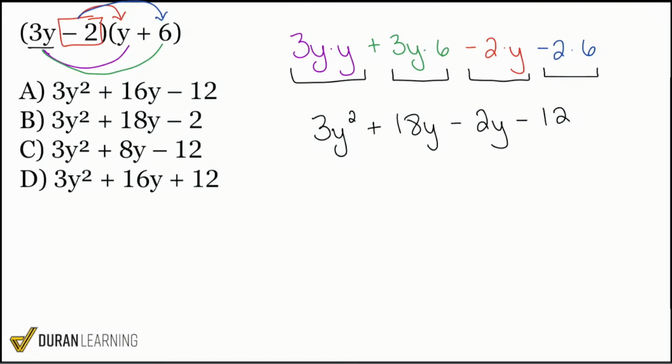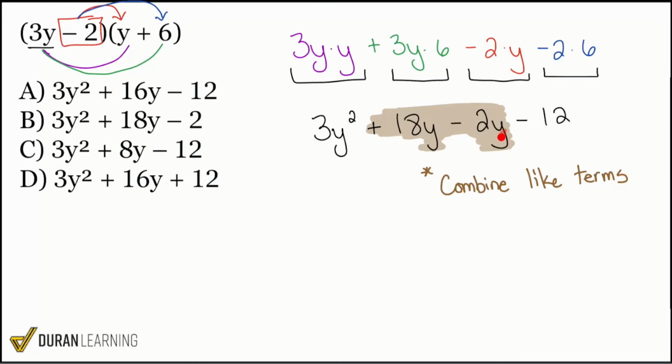So we have one more step to take here, and that is going to be combining like terms. We will combine like terms. And remember that terms are alike only if they share the same variables and exponents. So we have the negative 2y with the positive 18y that we can combine. And so everybody, as a nice final step, we are basically taking a look here at positive 18 minus 2.